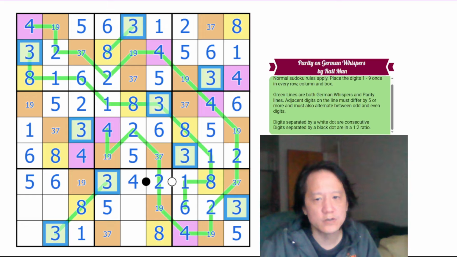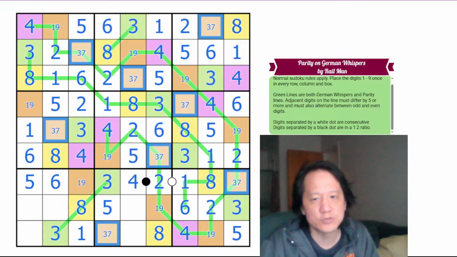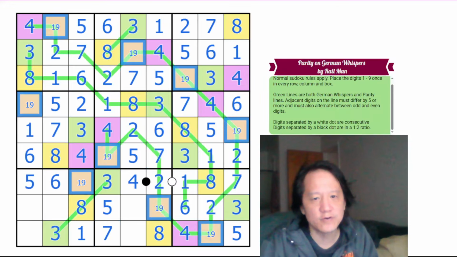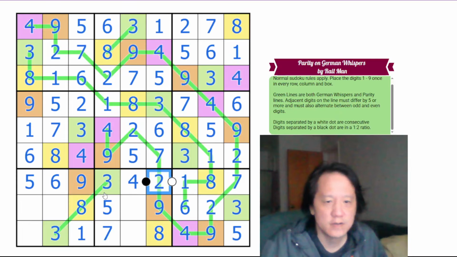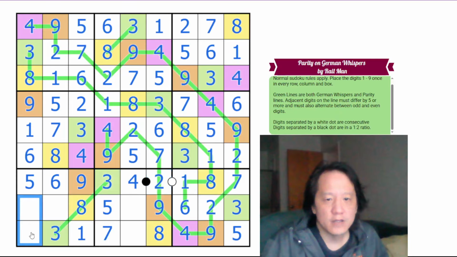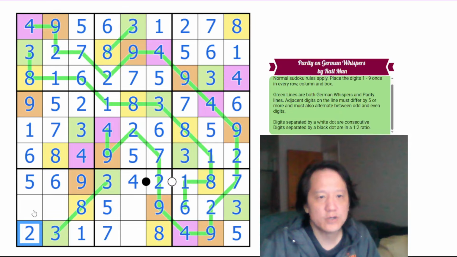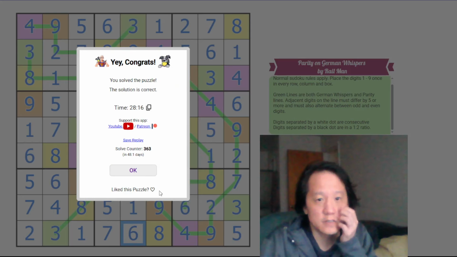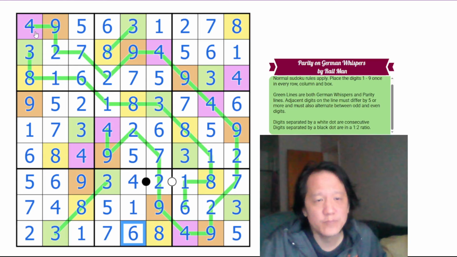That means all the orange 3-7s are 7. And all the 1-9s left are 9. That leaves this as a 2, this as a 7, this as a 4, which leaves this as 1 and this as 6. So let's just double check.